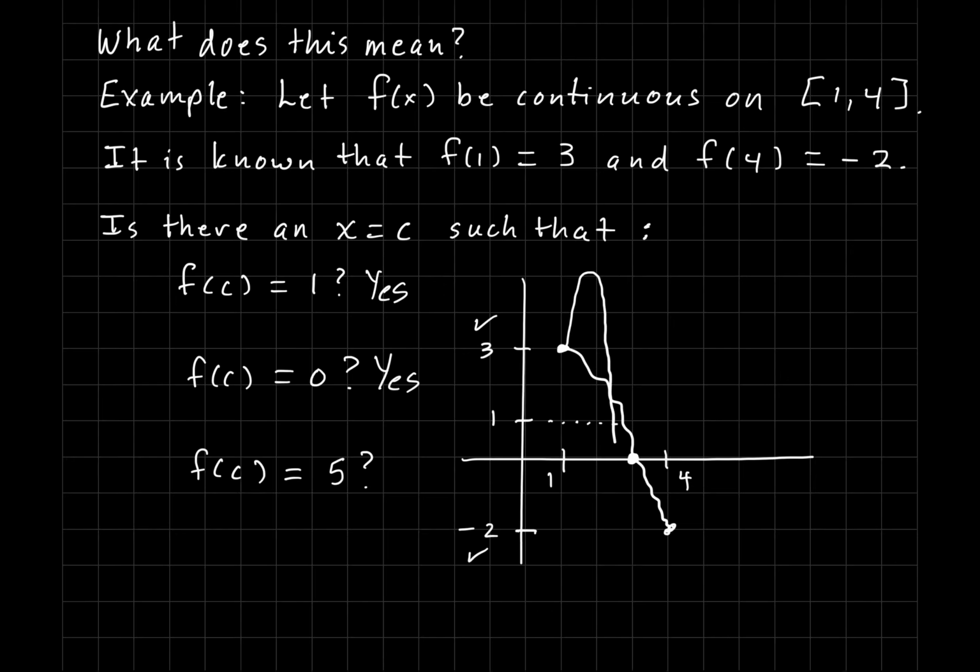There's not enough information other than I start here and end down here. But what if f looked like this one? Then it is possible for there to be a y value, or a c value, I should say, such that y equals 5. So our answer is maybe. So the IVT guarantees certain y values, but it cannot guarantee that it does not hit other y values.